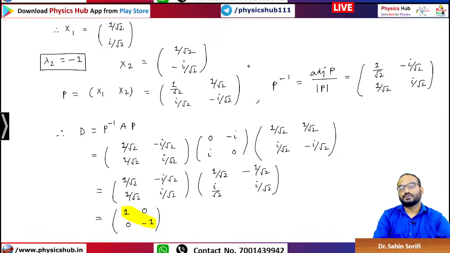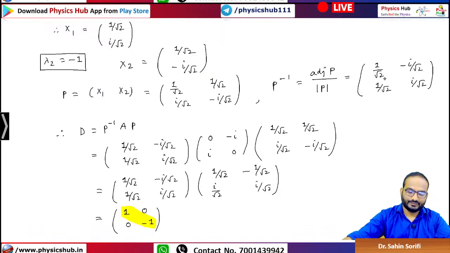Then you divide by the determinant of P, so 1 upon the determinant will come. You have to consider that also. I think this is correct.